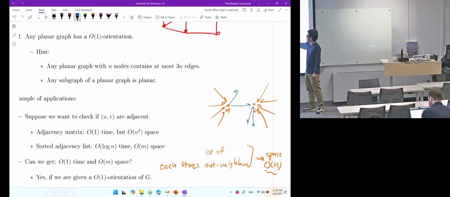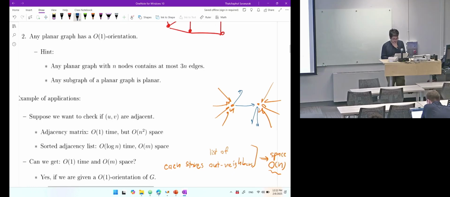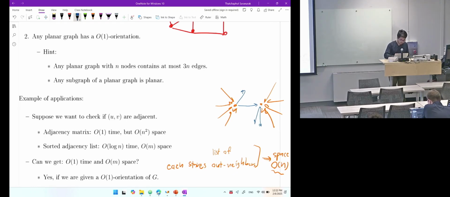So it's enough to check the out neighbors of U and the out neighbors of V, and if this edge exists, you will find that U and V are connected. So you can do it even in O(n) space if there exists an O(1) orientation.